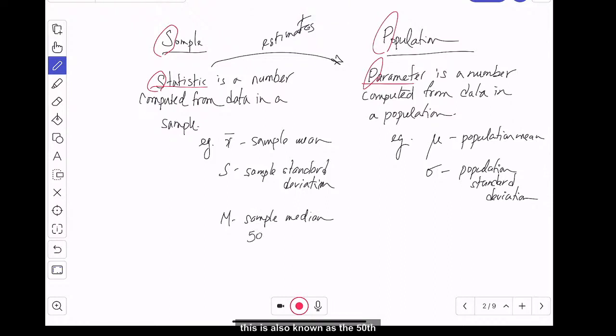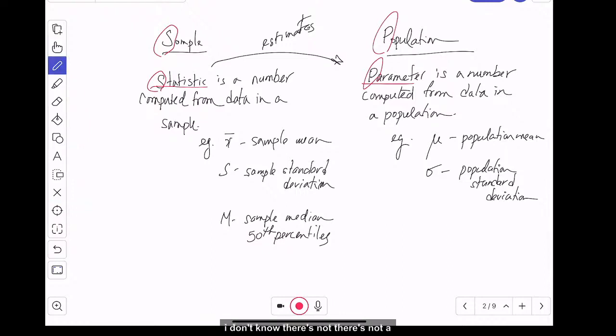This is also known as the 50th percentile, and we'll talk about percentiles. It's the middle observation if you order the data. So the sample median should estimate the population median.